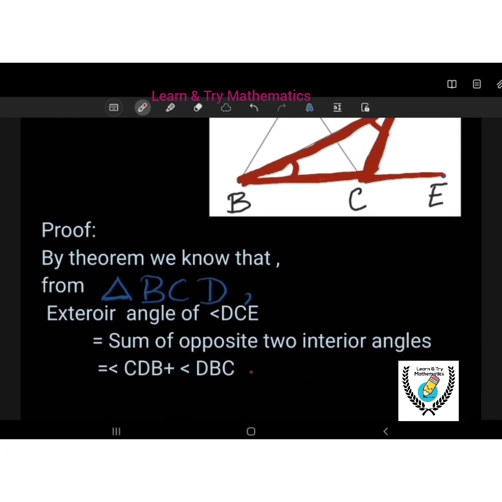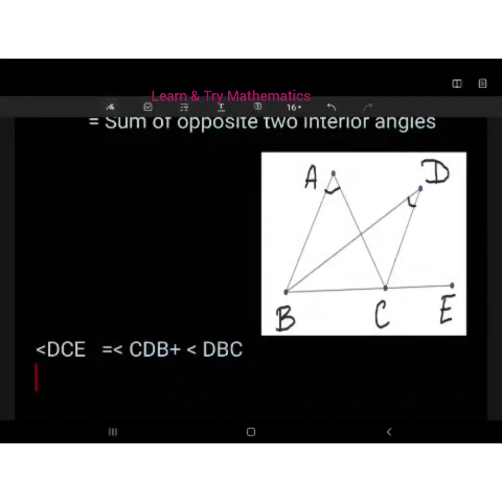So we can show that angle DCE equal to angle CDB plus angle DBC.